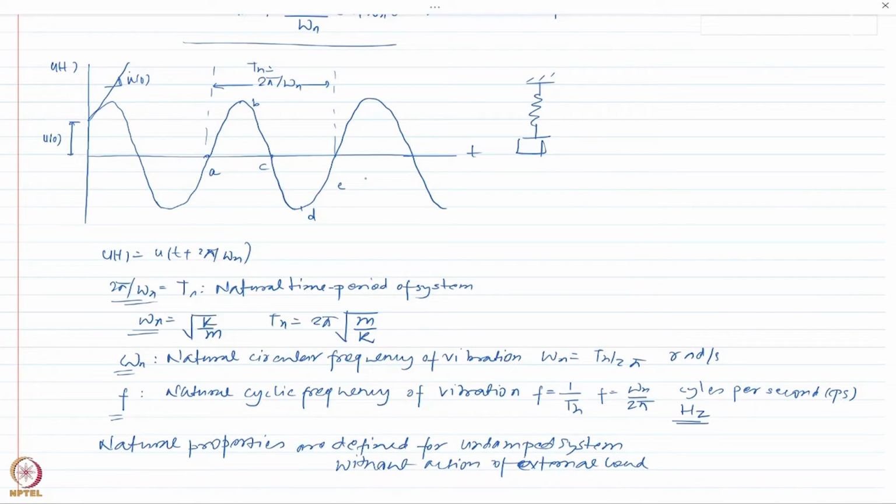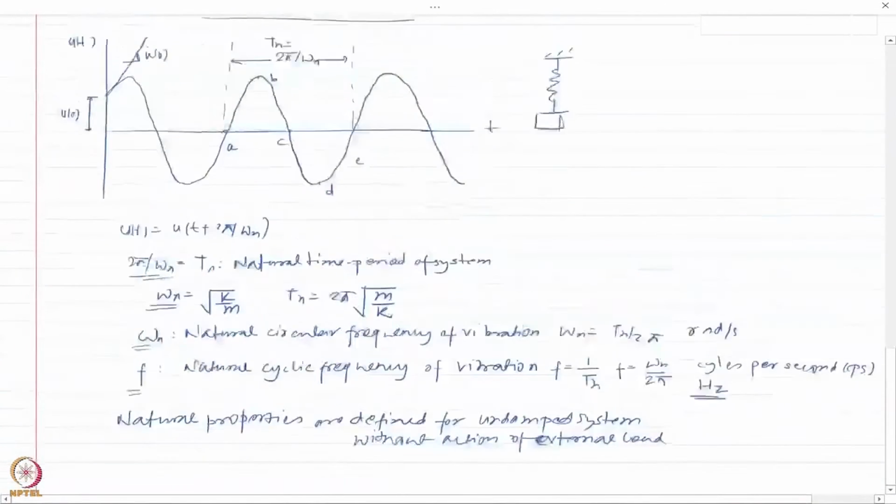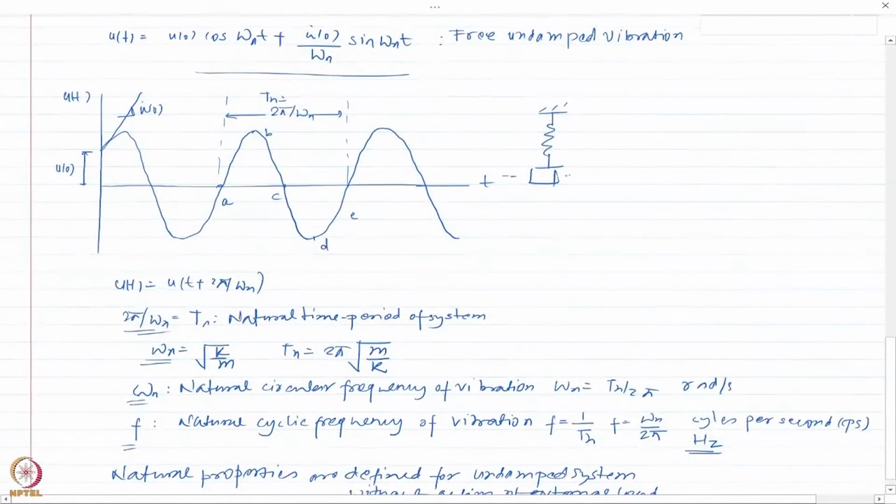For many cases, the equilibrium position is also the initial position or the undeformed position, which is fine. For example, when we considered the spring mass system hanging in the vertical direction, we said let us consider the motion from this position. So the initial position was equilibrium. Then we either impart an initial displacement or initial velocity, or a combination of both.